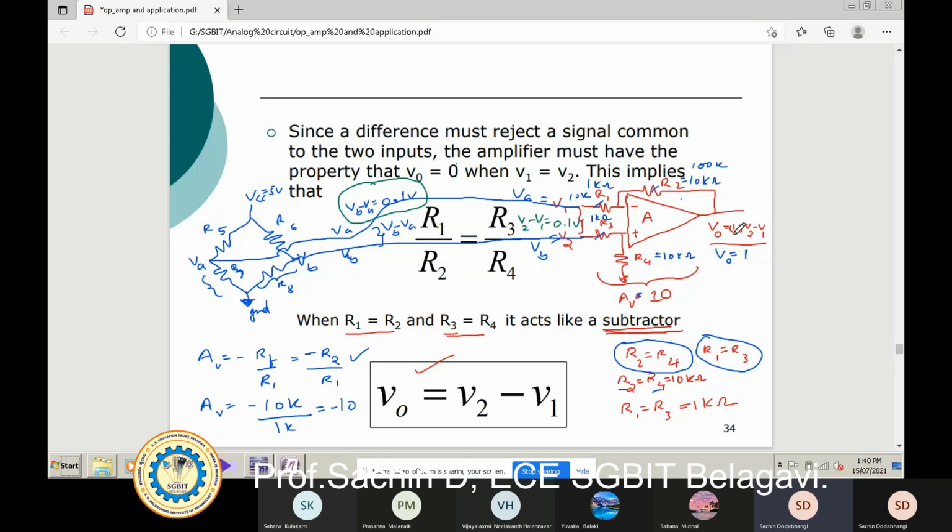But I require 1 volt at the output. Now what should the gain of this amplifier be? It should equal the output voltage divided by the difference between the input voltages, V2 minus V1. Output voltage is 1 volt, input difference is 0.1. So the gain of the amplifier should be 10.